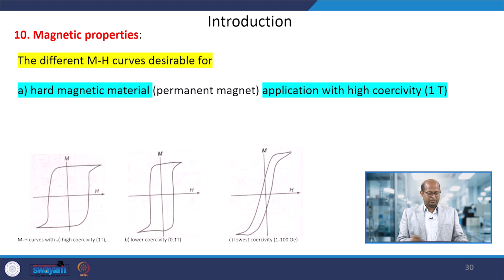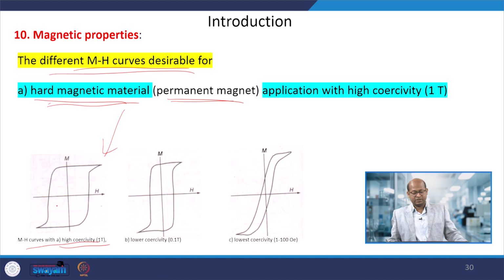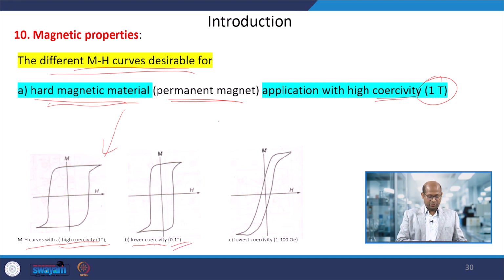Even in these magnetization curves, here you can see MH curves, when we have hard magnetic materials or permanent magnets, you can see magnetization curves like this. Here coercivity was 1 T, and this one is lower coercivity, and this is the lowest coercivity.